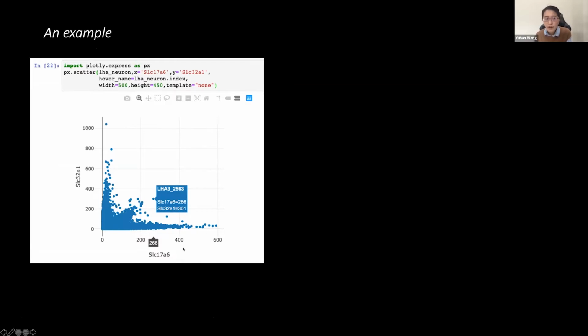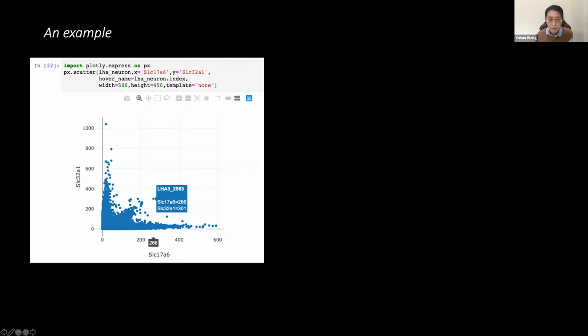This is to evaluate whether our experimental method actually works well, because you would expect no Vgat spots detected in the excitatory neurons and no Vglut2 spots detected in the inhibitory neurons. But then we saw this group of neurons that expressed both Vglut2 and Vgat. So this makes us wonder whether we have some false detection or what's going on in this area.